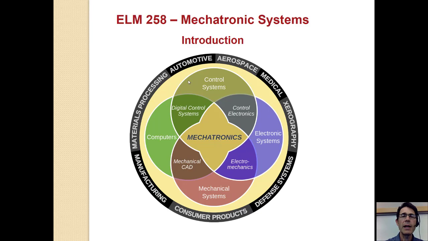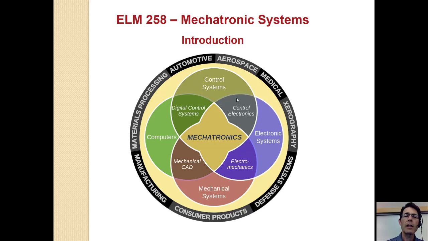And then on the inside of this graphic, you see the different technologies that make up this thing we call mechatronics. So mechatronics is really a hybrid of multiple different technologies. Generally, it involves some kind of mechanical moving parts, like motors, drives, things moving back and forth, and then electronics to drive those moving parts, also electronics to sense the motion or position of the mechanical systems.